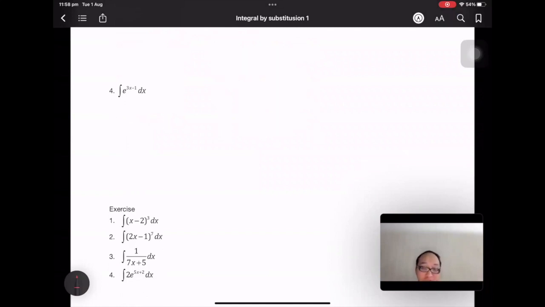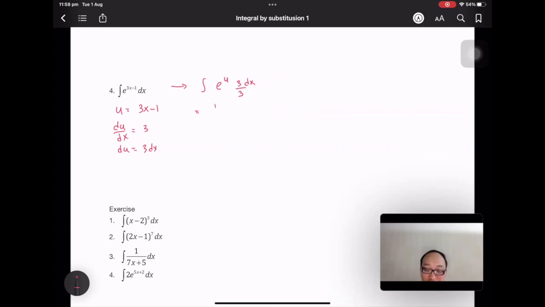Number 4. Integral of e to the power of 3x minus 1. So u is 3x minus 1. du over dx is 3. So du equals 3 dx. So we can change the expression into integral e to the power of u, and then I make it into 3 dx over 3.